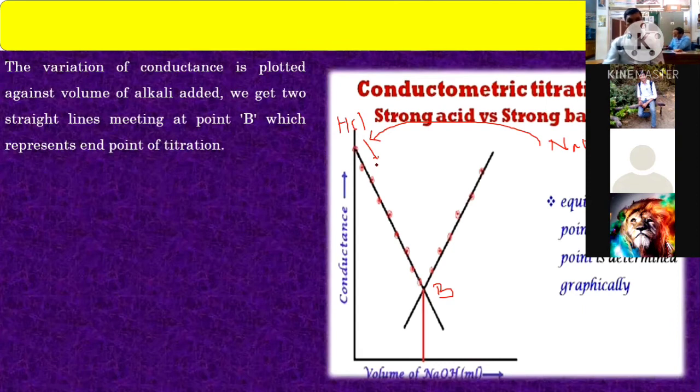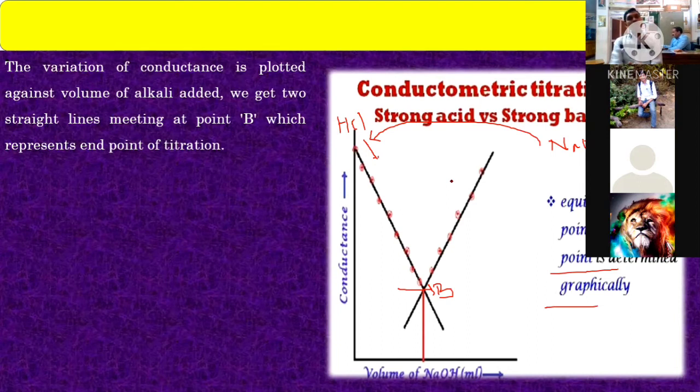In this situation, strong acid versus strong base, there is a conductometric titration. At that point, this is a conductometric titration, or the equivalence point, determined graphically. After titration, you take 2 to 3 readings for each.